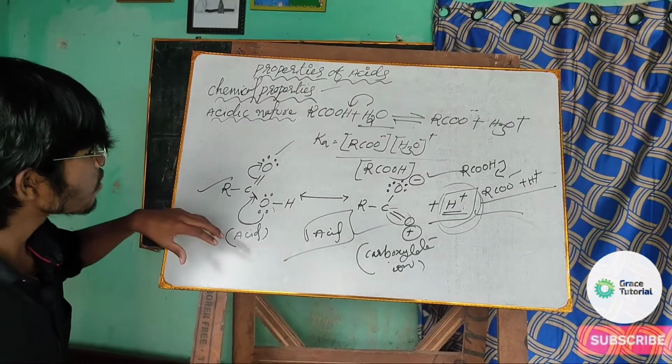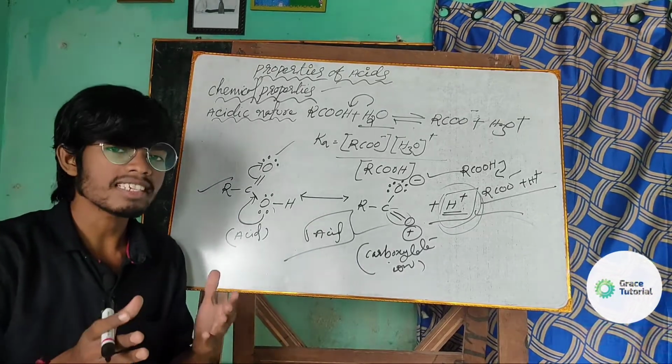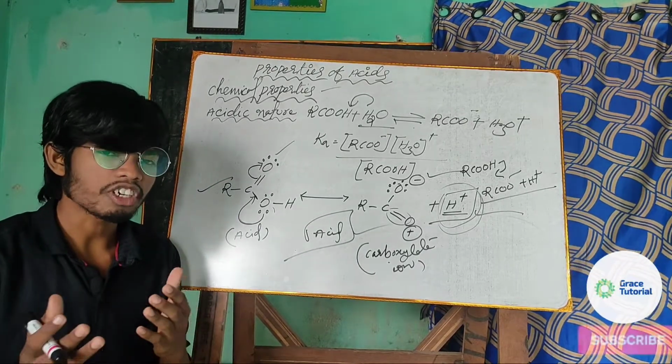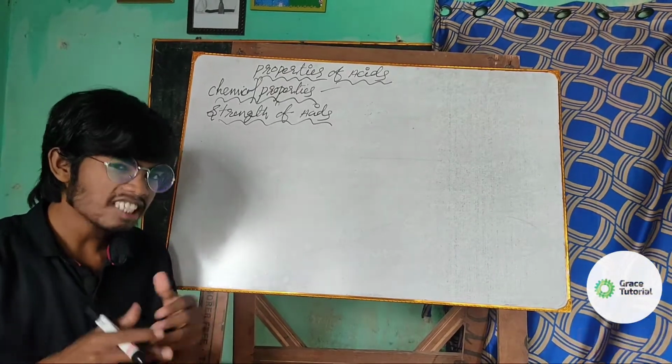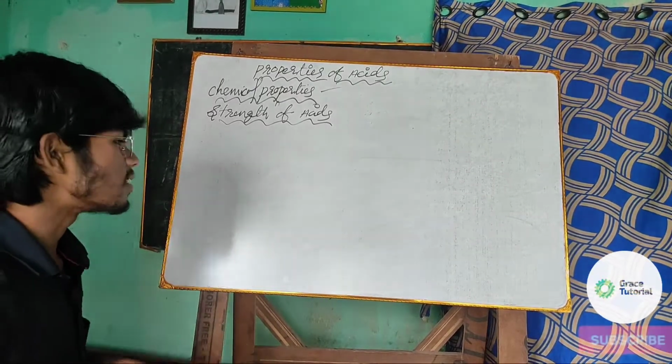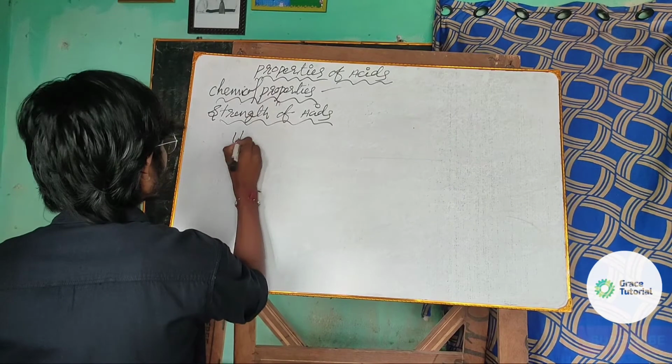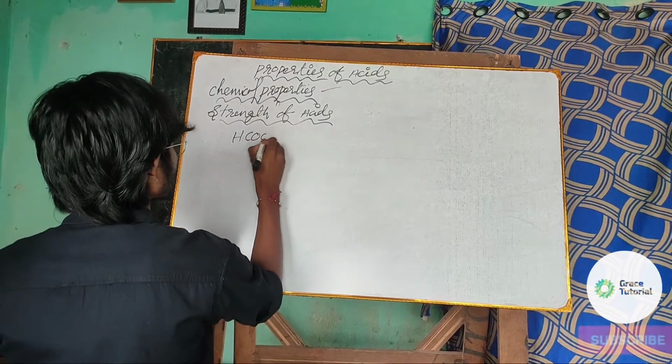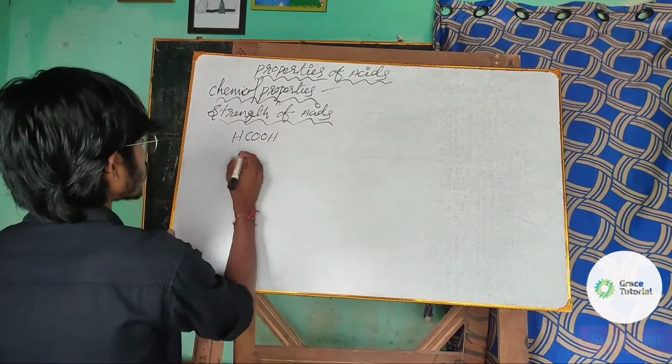Now we will discuss the strength of the acid by using the various substituents. So how can we explain the strength of the acids? Suppose we have HCOOH. So HCOOH is formic acid.